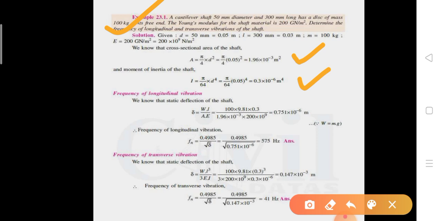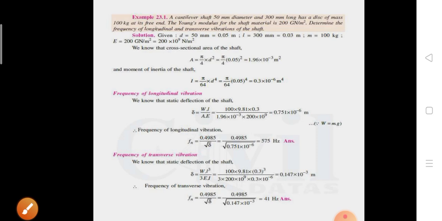Now find the deflection for the longitudinal vibration, delta is equal to WL by AE. That value will be 0.751 into 10 raised to power minus 6 meter. Now put this value into the frequency equation, frequency is equal to 0.4985 upon under root delta. You will get 575 hertz, which is the frequency of free longitudinal vibration of that shaft.